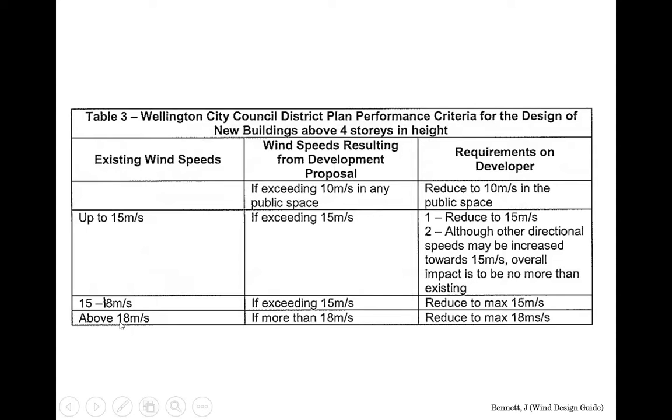If it's above 18 meters per second, you have to just make sure that you don't make it any worse. So you have to reduce it. In fact, you have to reduce it to 18 meters per second. So what this guidance is saying is high wind speeds can be quite dangerous, can be quite unacceptable in a city environment. So as a designer, you need to control those wind speeds. And this is the kind of guidance that you can use when you're assessing your site at the bottom of the Arts Tower here.